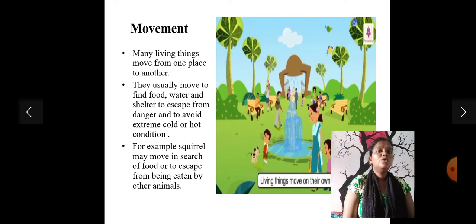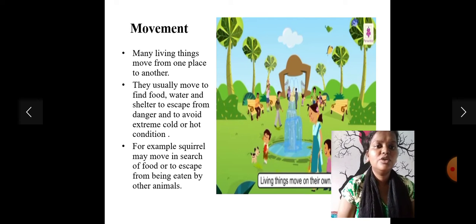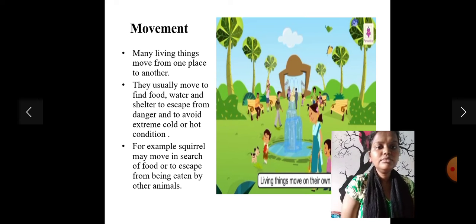We move in search of shelter, food, water, and to escape from danger and to avoid extreme cold or hot conditions. For example, a squirrel may move in search of food or to escape from being eaten by other animals.